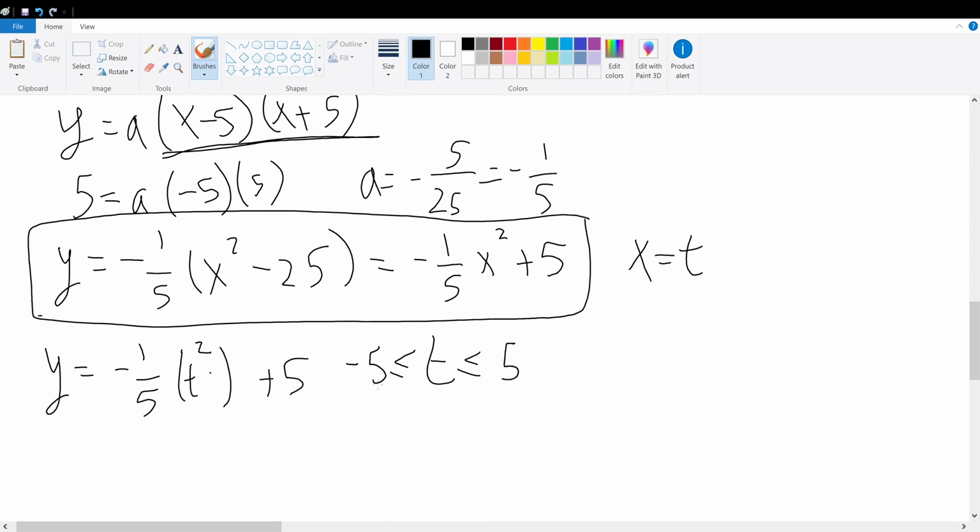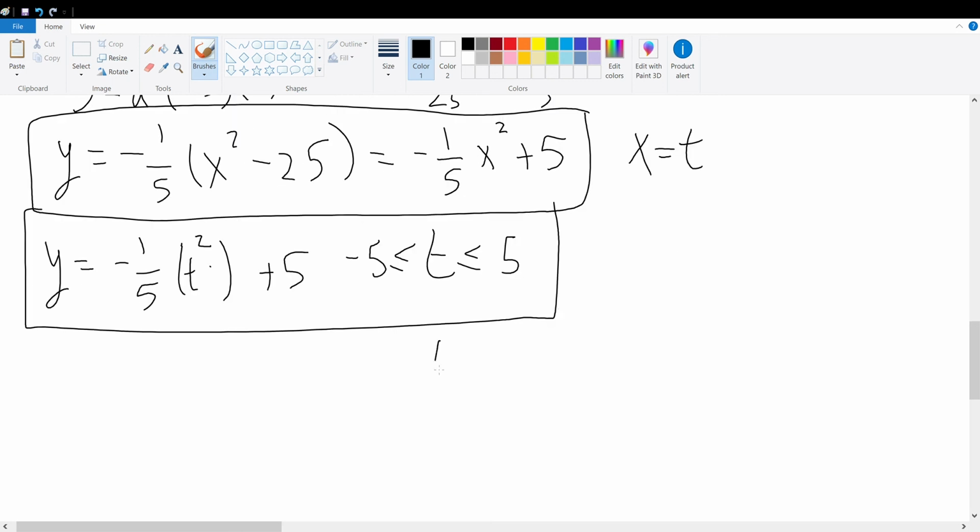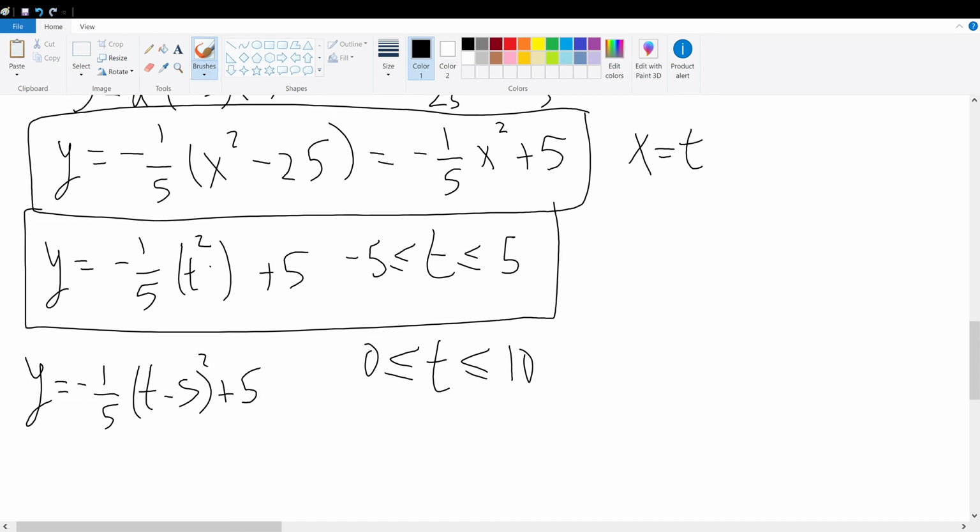But time cannot start at a negative value. Time must start at 0. Therefore, we must rewrite t's range to be between 10 and 0 by adding 5 on both sides, giving us the new function of y is equal to -1/5 multiplied by (t minus 5) squared plus 5. And this parabola will give us our missile function.